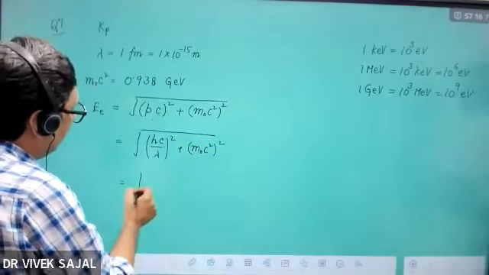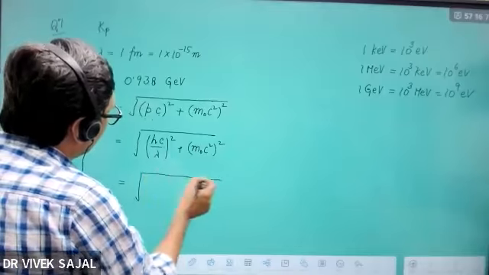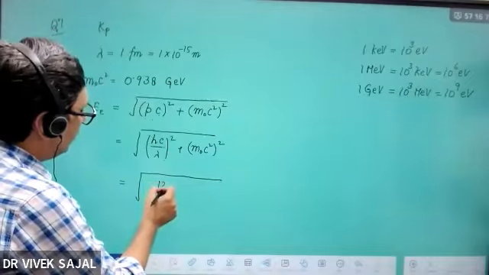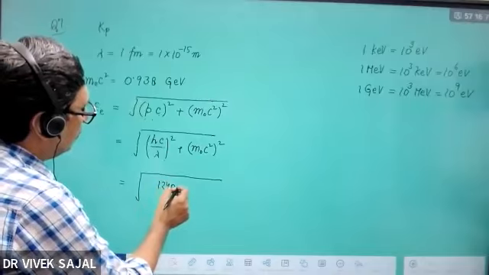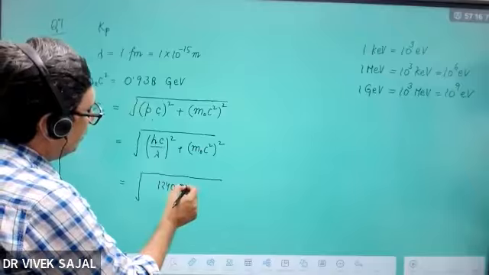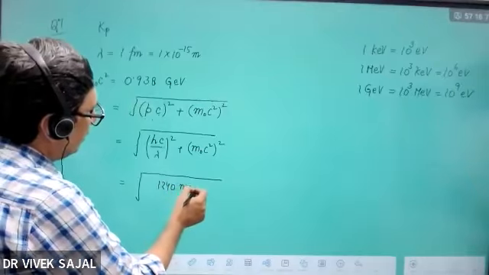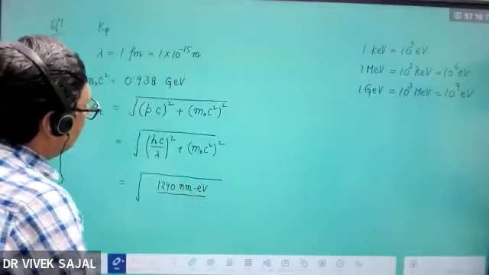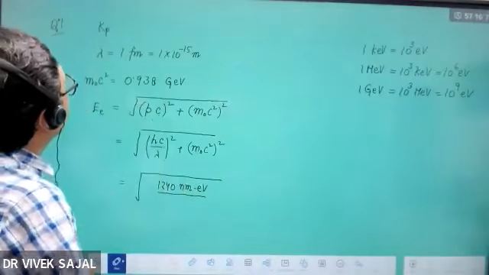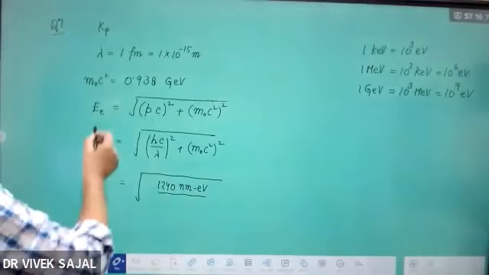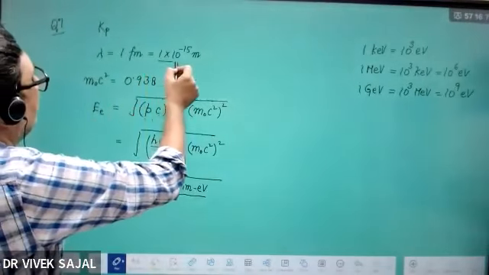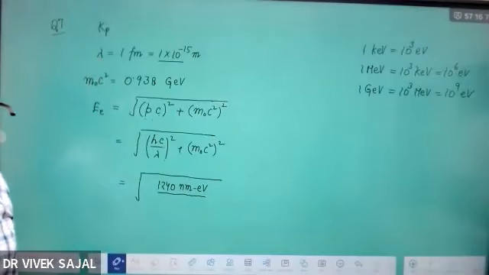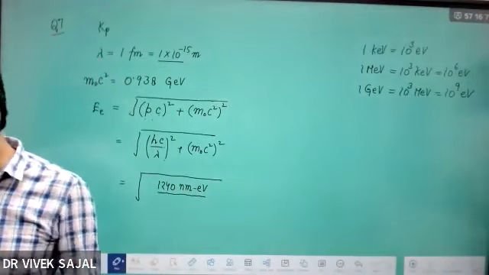So if I write here, hc is how much? 1240 nanometer electron volt, divided by this lambda. How much is it given? If I want to convert this, it will be 10 to the power minus 6 nanometer.